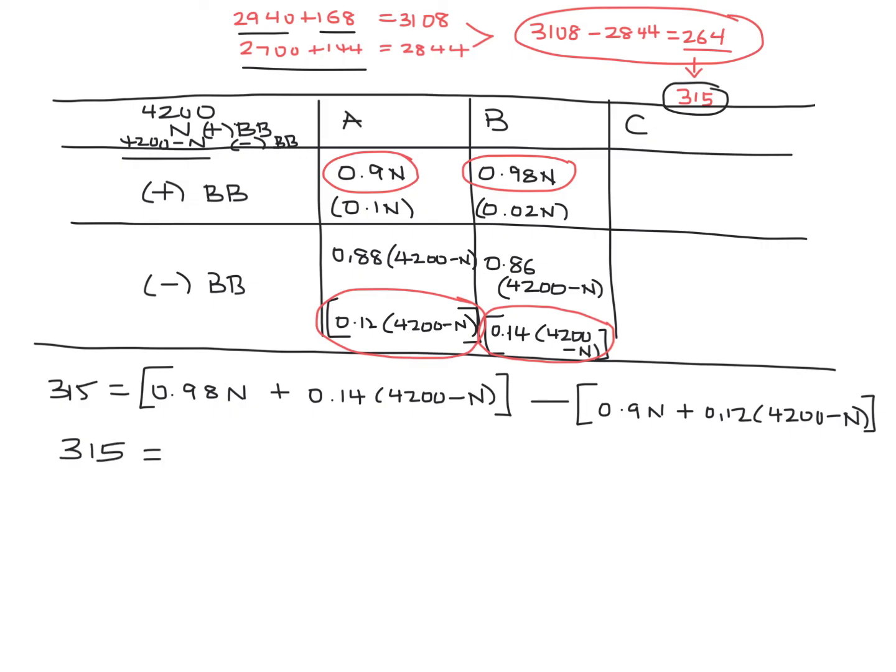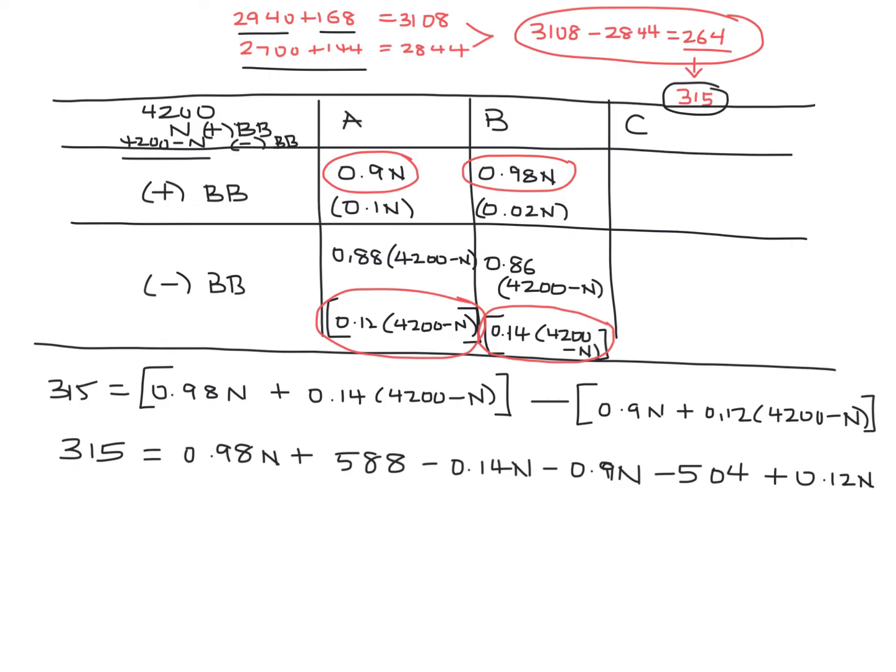315. Okay, 0.98N plus 0.14 times 4,200 is 588. And then we have this minus 0.14N minus 0.9N. 0.12 times 4,200 is 504, so minus 504. And then 0.12, so it'd be plus 0.12N when you take it out of the brackets.